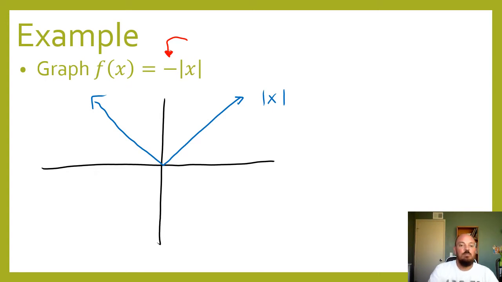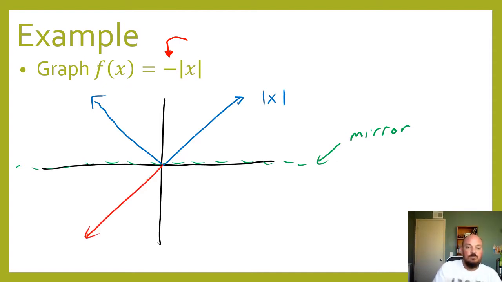All it does is it takes it and flips it upside down. What's actually happening here is you are turning the x-axis into a mirror, and you're doing the mirror image of the blue graph on the other side of that line. So what it'll end up looking like is this. You'll have the exact same graph, but upside down.